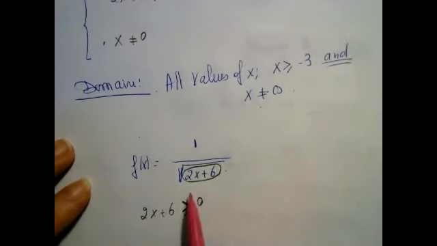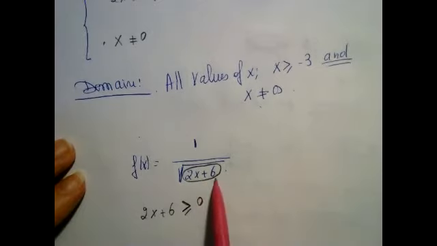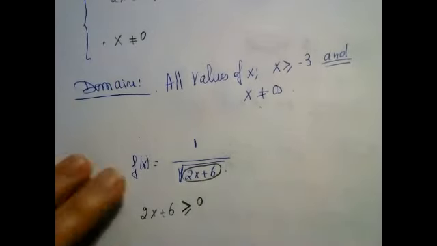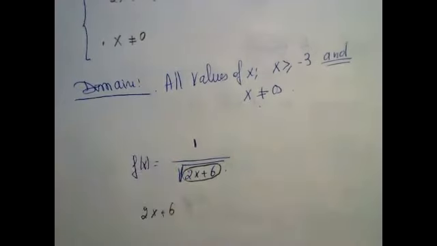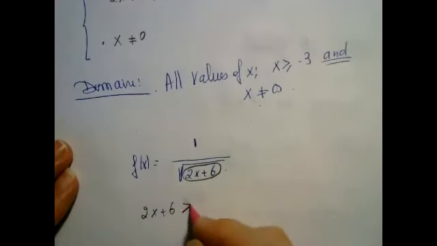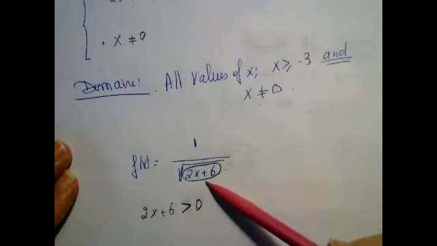What do I need in this case? I cannot have 2x plus 6 equal 0 because it shows up in the denominator. So in this case, I have to write strictly bigger than 0. I cannot put the equality. The reason is I cannot allow this to be 0 because it's in the denominator.